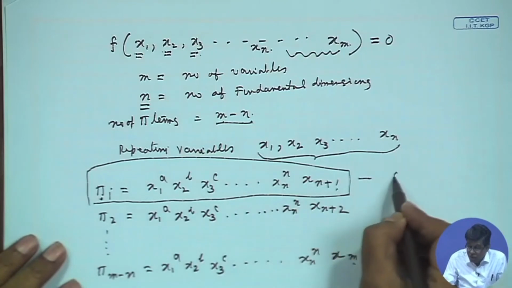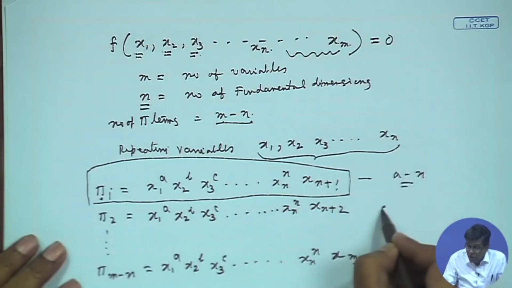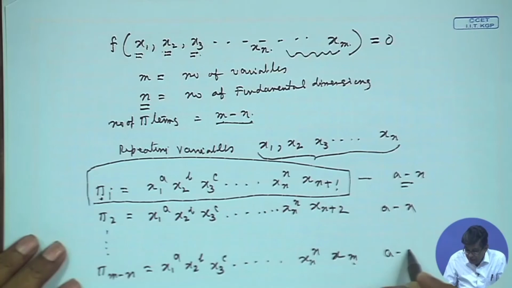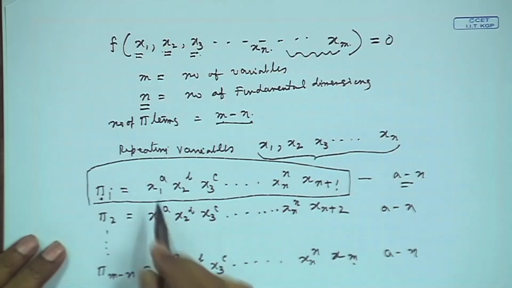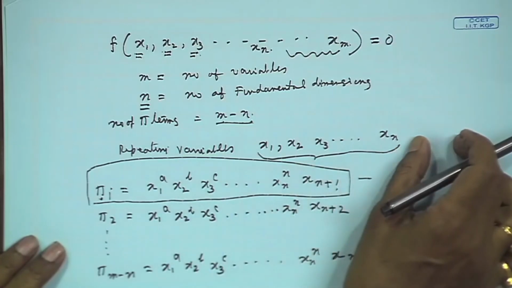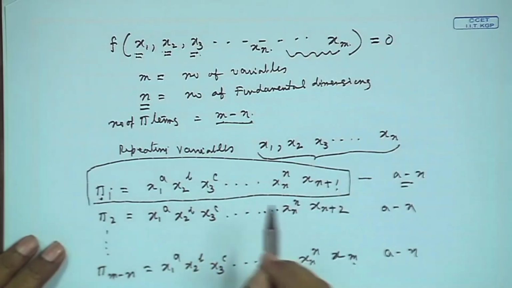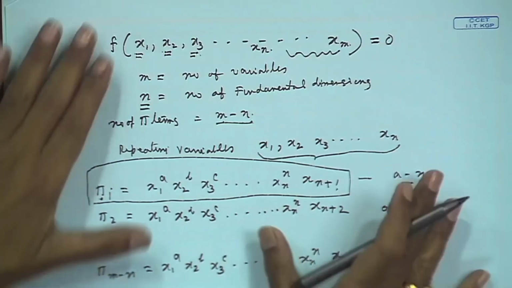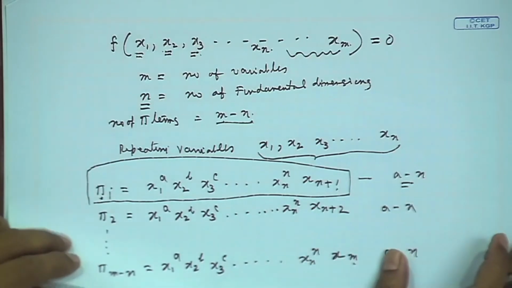We solve for a to n for all the pi terms. So, we get the explicit form for this pi term. Okay. So, this way the pi terms can be found out.